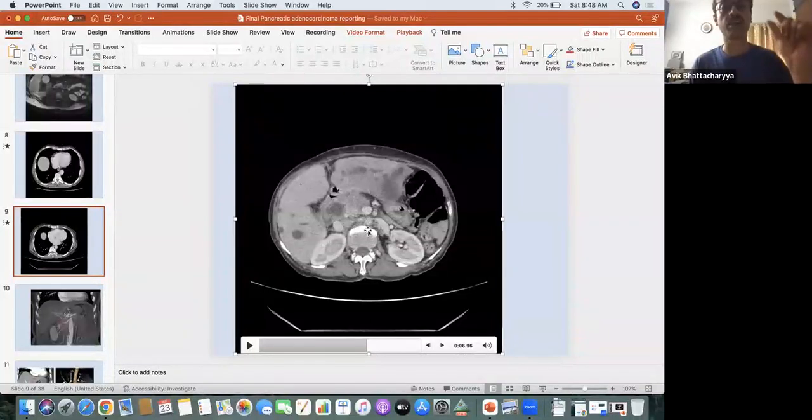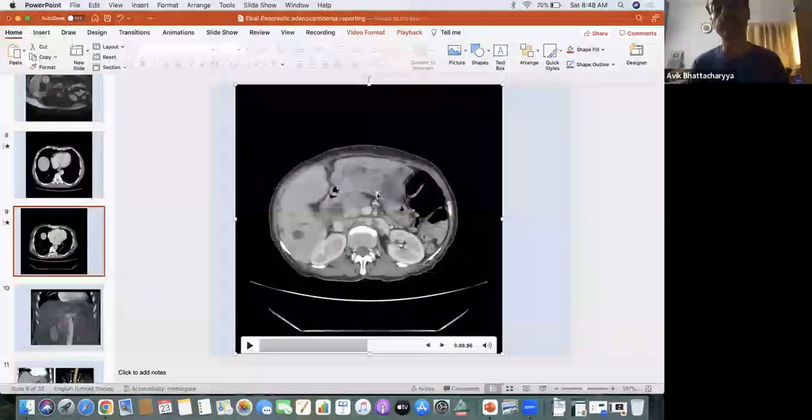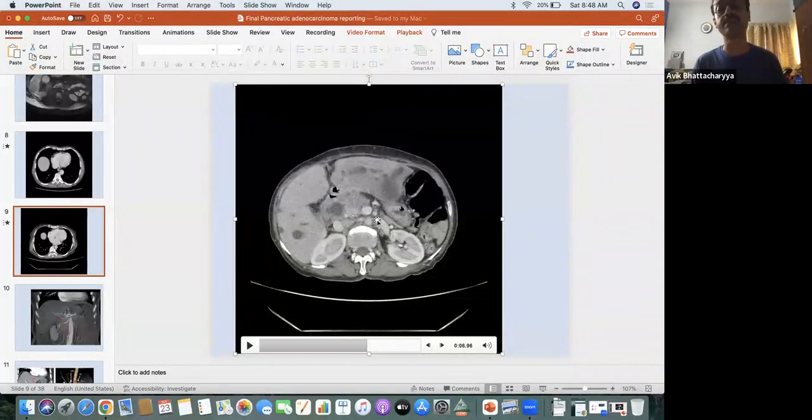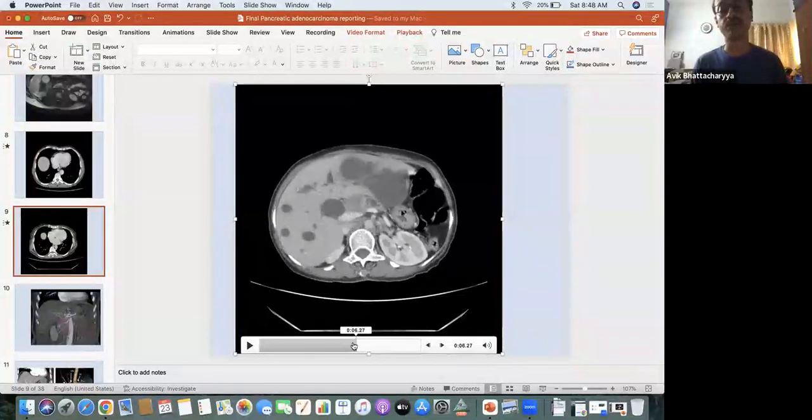We need to measure the length of the superior mesenteric vein and how far it is from the origin. We can plan for dissection and end-to-end anastomosis. The artery is pretty well separated from the mass, and there are a few peripancreatic lymph nodes.